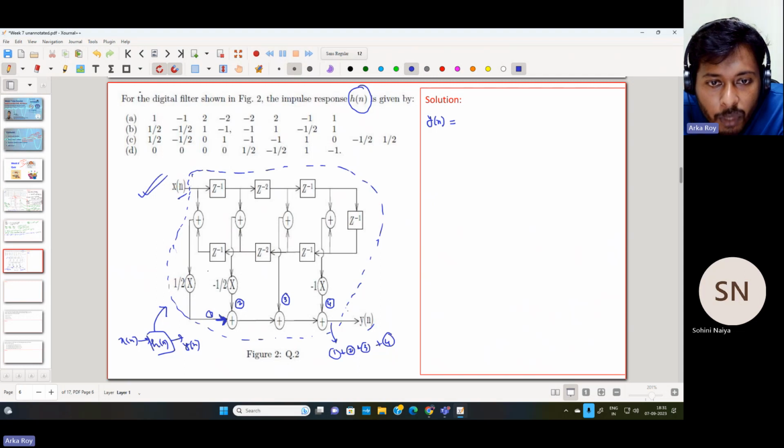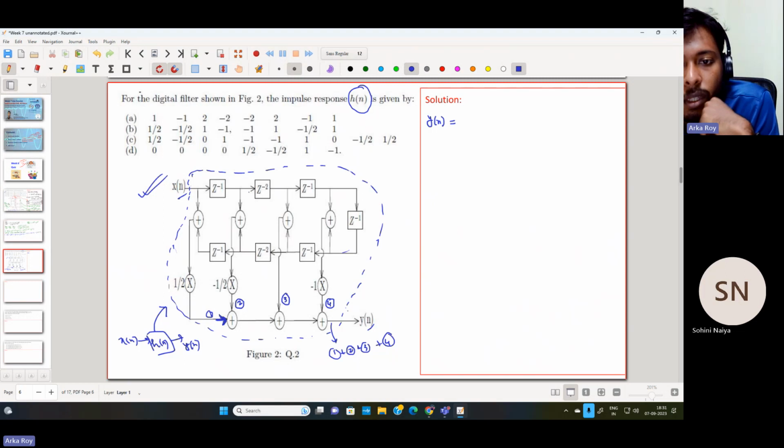At this first path, x(n) is passed through all the delay blocks. So it will be 1, then 3, 4, 5, 6, 7, 8, 9. So there are 9 delay blocks, so x(n minus 9), and then there is a multiplication factor of half. So half x(n minus 9). Okay, so the first component we have achieved.